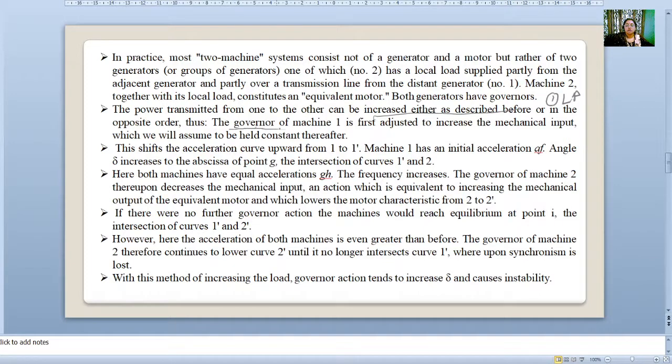Now second is the governor of machine 1 is first adjusted to increase the mechanical input, which will be assumed to be held constant. Now in second case we'll assume the mechanical input of machine 1.